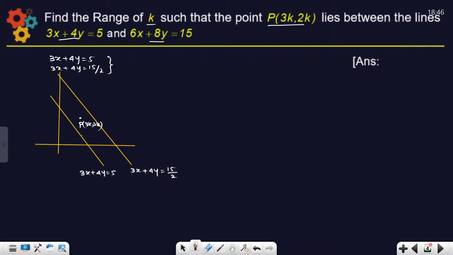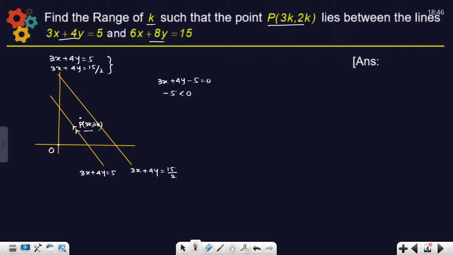Now we can easily see that for this line, the origin and this point are lying on the opposite sides of this line. So in this equation, for this straight line, if I put (0, 0), we are going to have minus 5, which is less than 0.